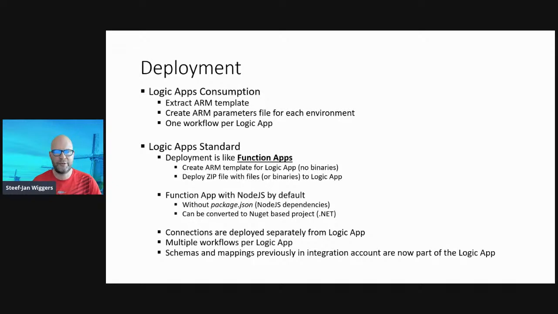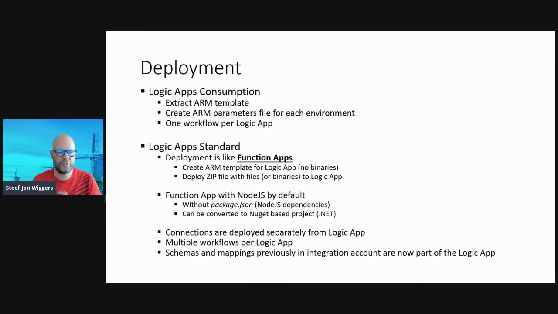With the Logic App Standard, your deployment is a bit more like the function apps. So you can package those. There's a package.json. You can convert it to a NuGet batch-based product if necessary. Connections are deployed separately. The other interesting thing is similar to a function app, you have multiple workflows in this case. Well, function app, you have multiple functions.